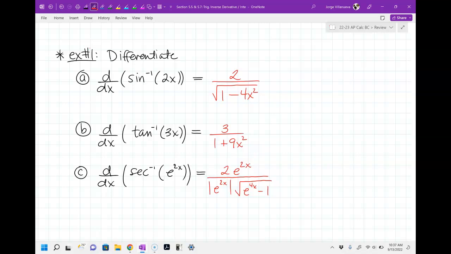Notice I can cancel out e to the 2x on top and on bottom because e to the 2x is always positive, is it not? Normally, it's just a graph that starts flat and then goes up, never crosses the x-axis. So these actually cancel. So it's just 2 over the square root of e to the 4x minus 1.